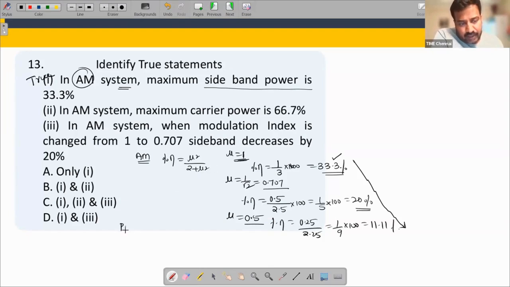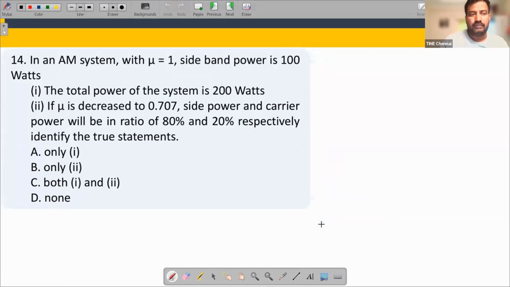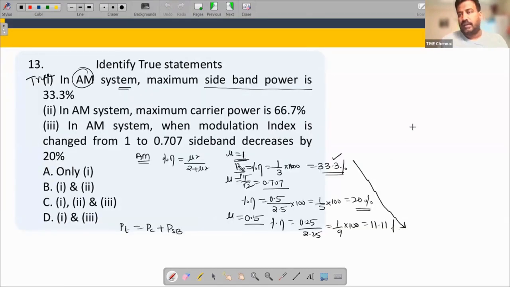Now, if you see carefully, total power is carrier power plus sideband power. Eta is sideband power by total power. So if you analyze, let me write it here.